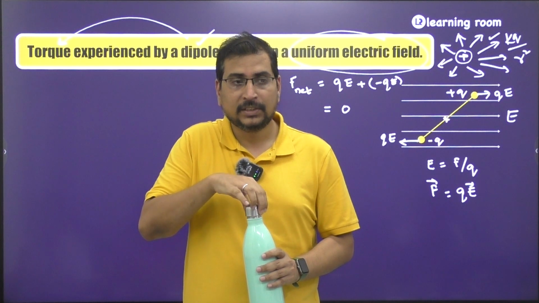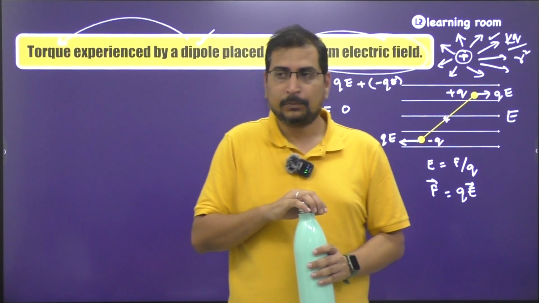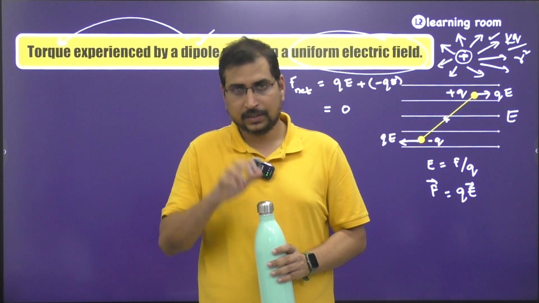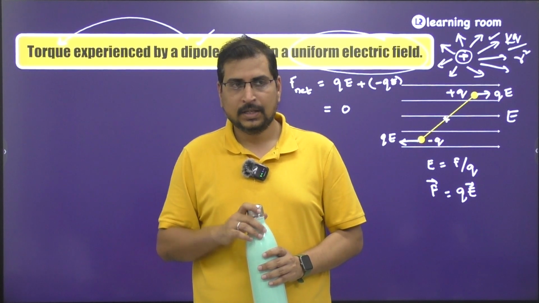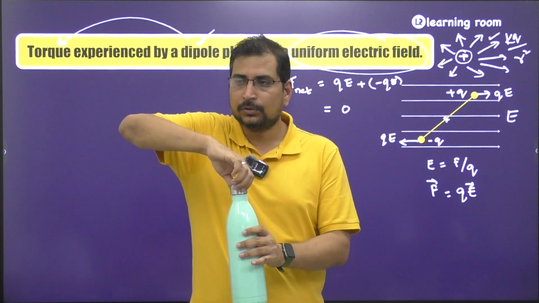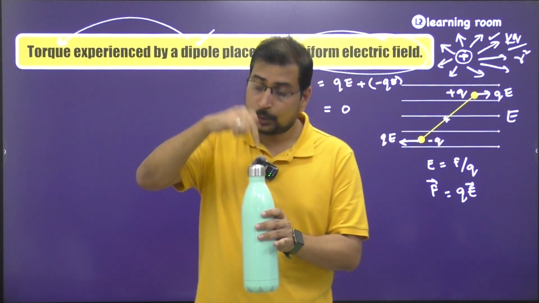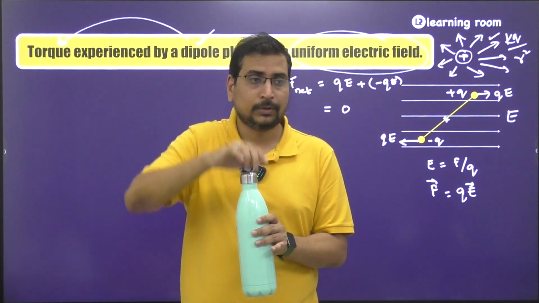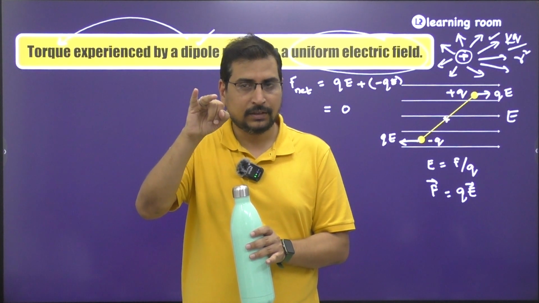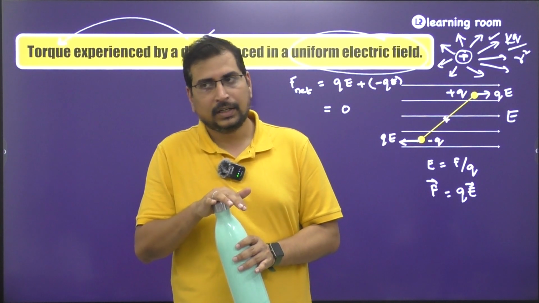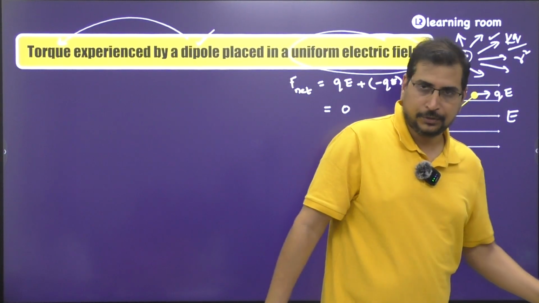So anti-clockwise moments are considered to be positive, meaning if a system is rotating in anti-clockwise direction, it is considered to be positive. Whereas when you want to close it, when you see from the top, you rotate it in the clockwise direction. So clockwise is away from you. So clockwise and anything away from you is considered to be negative. So that is why clockwise moments are negative. That is a concept we are going to apply here.